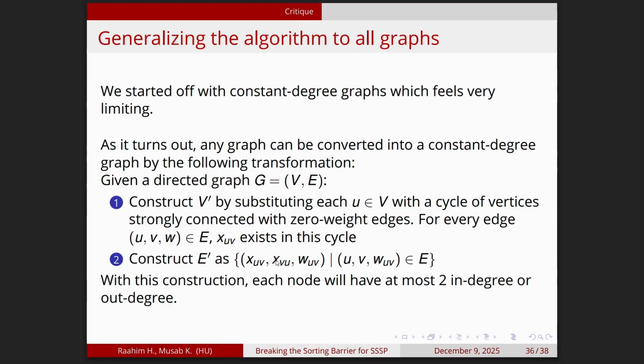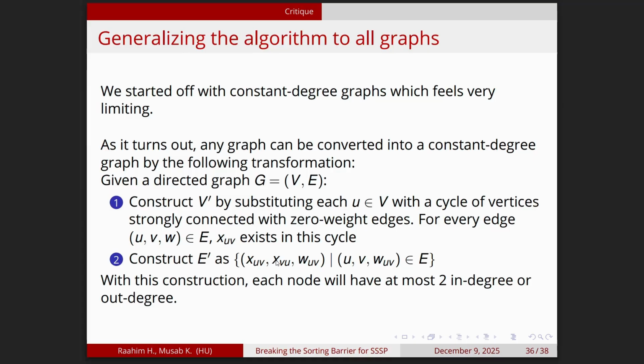Now we first started off with constant degree graphs, which feels quite limited, and it also helps us quite a lot in our analysis. However, it turns out that any graph can in fact be converted into a constant degree graph as follows. First, suppose we're given a graph V comma E. We can construct a new set of vertices V prime such that every vertex in V is substituted by a cycle of vertices that are strongly connected with zero weight edges.